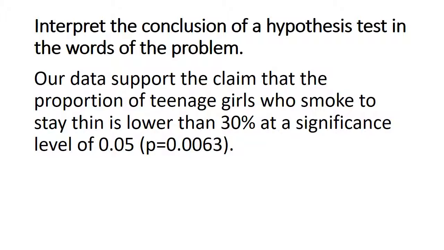Our data support the claim that the proportion of teenage girls who smoke to stay thin is lower than 30% at a significance level of 0.05. Our p-value was 0.0063. It's nice to include a significance level and a p-value to show how much our data support the claim.